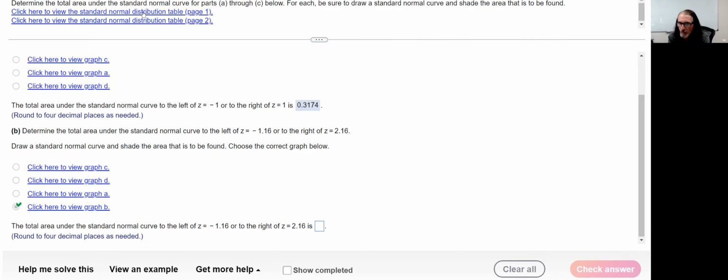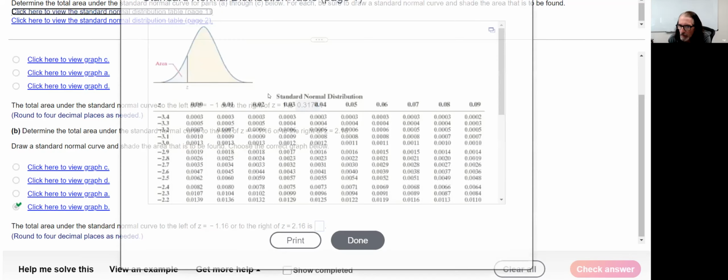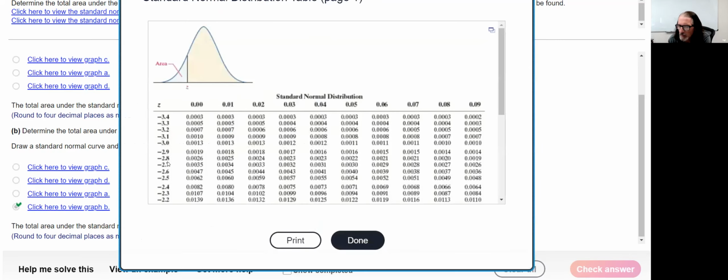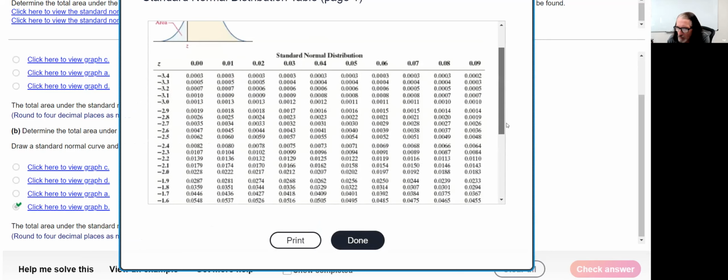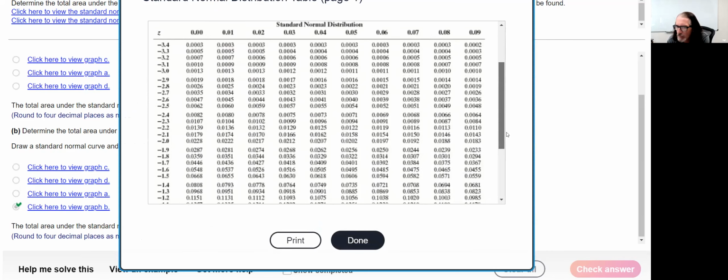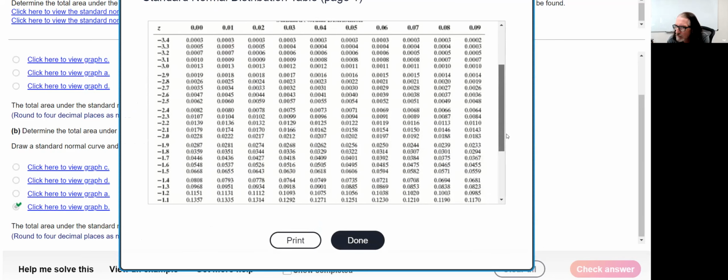From the first page of the table, we have for negative 1.16. Notice that you count 0, 1, 2, 3, 4, 5, 6, 7, not starting at 1 here. So that's the third from the right, negative 1.16. Yeah, hold on here.